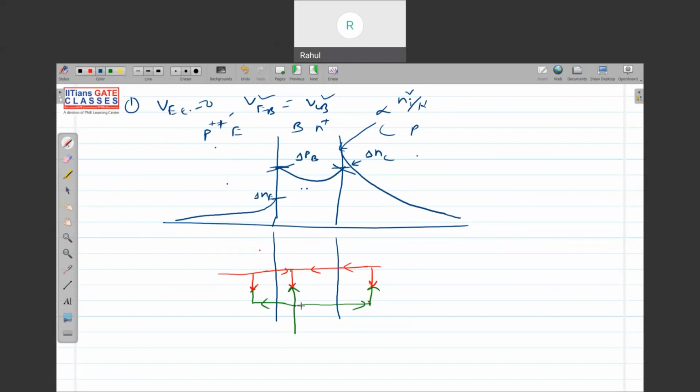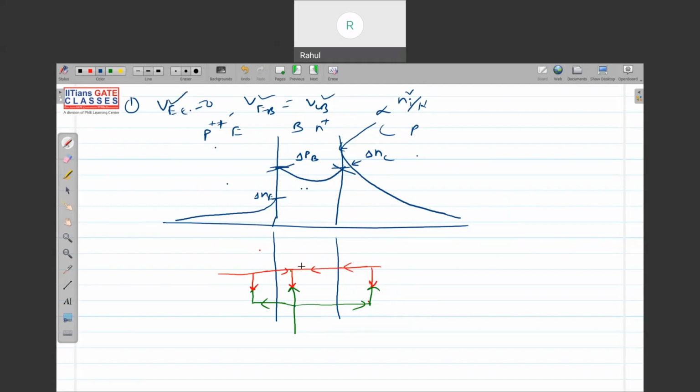Again, the electrons will be injected from base to emitter, and some of them will be recombined with the holes. The collector will inject holes, because the flow is equally from base to collector, and that will again recombine with the electrons. So this is the real picture of the current flow when V is equal to 0.